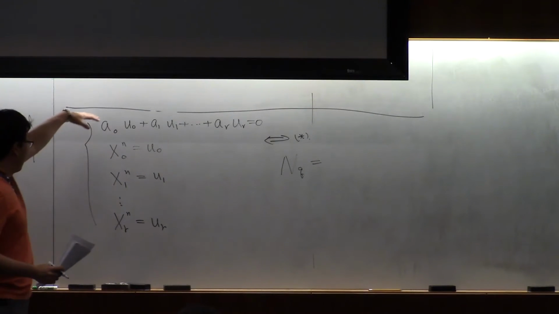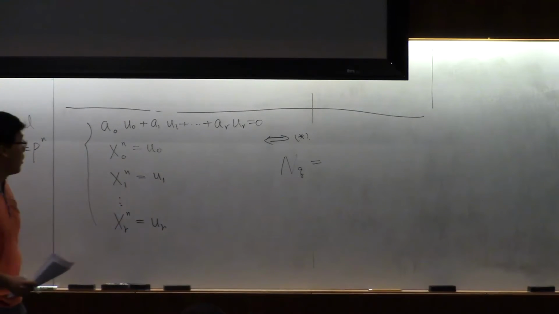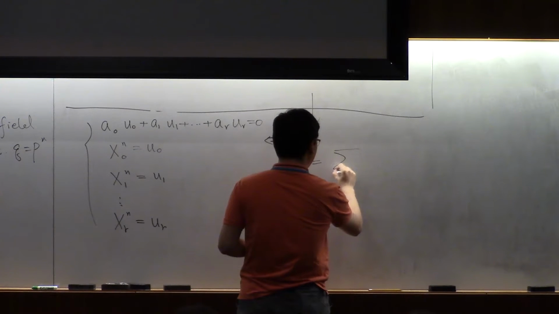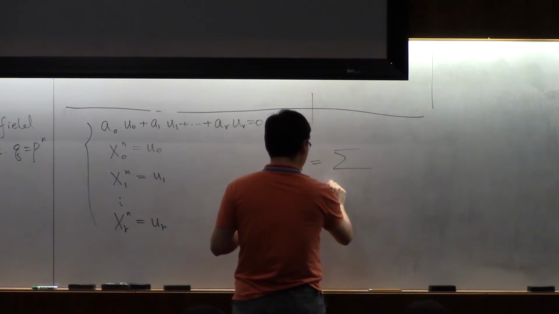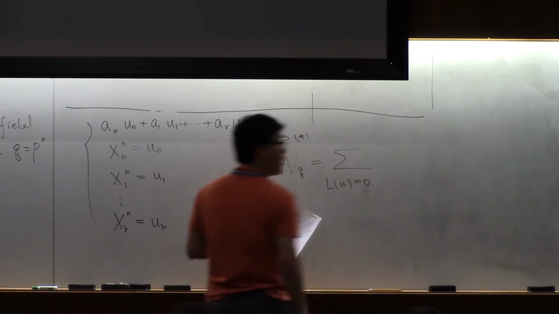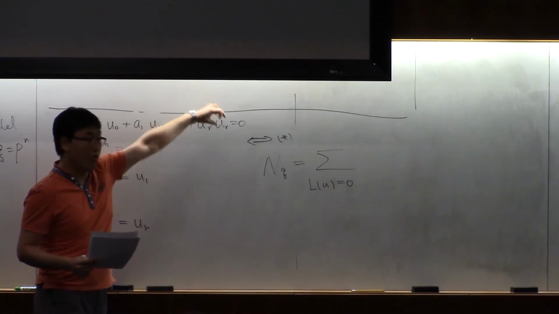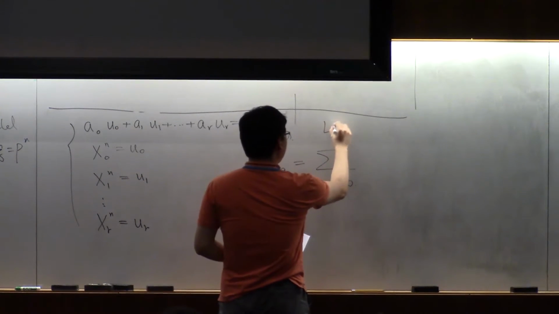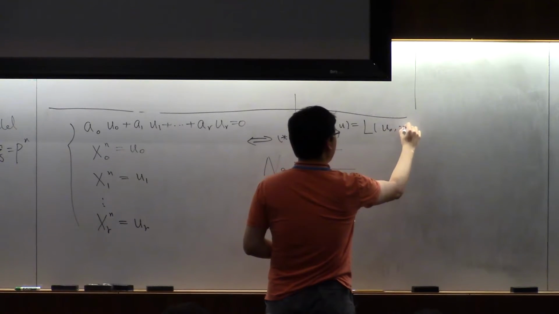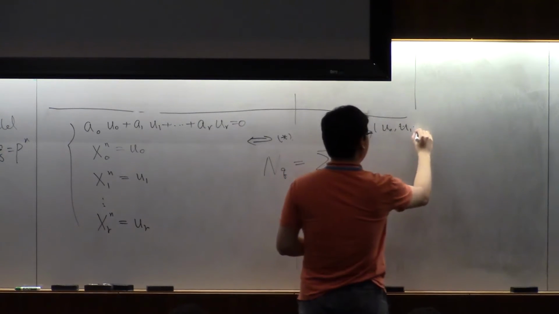Because if you write the equation in this way, you can first fix the values of u0, u1, and ur. So here this L(u) is a linear function of the (r plus 1)-tuple.